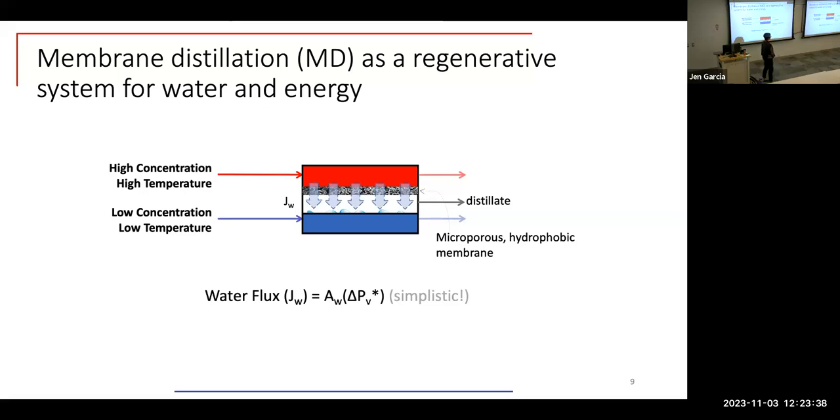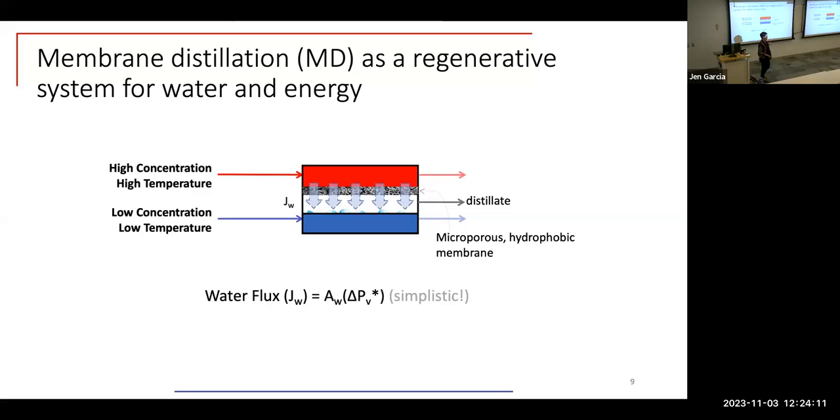Yeah. So any sort of non-volatile contaminant will have a very high rejection in this process. So any sort of salinity that's in our water, which is a lot of things, most organics as well. But yes, what can happen, just like in any industrial process, is scaling and biofouling.